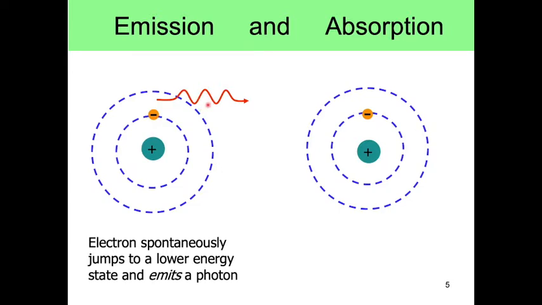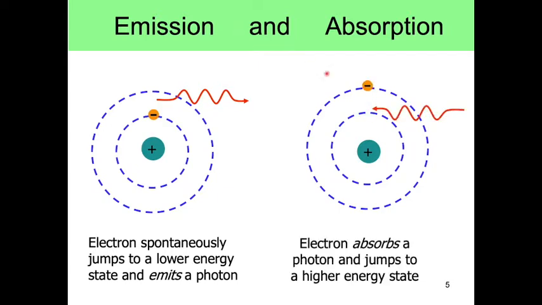That's called emission. Absorption is the reverse process of emission. The electron can be energized by absorbing a photon with the same energy as the energy difference between two states.